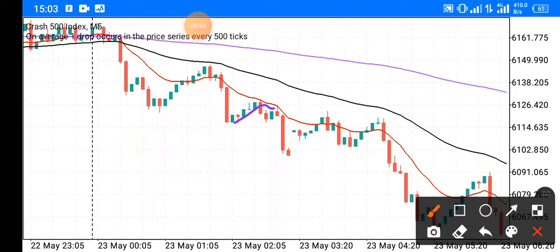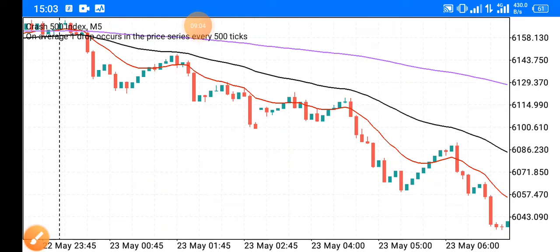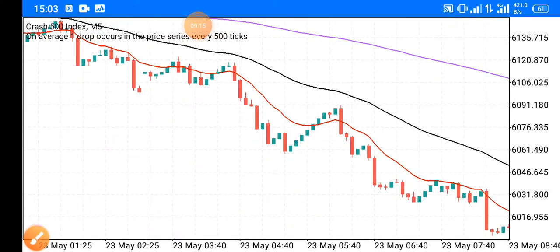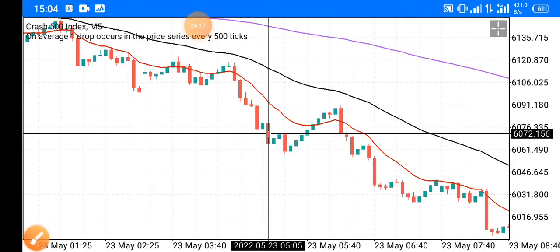When they touched, this trade was straight into profit. Then we moved down. For this next retracement, we had one candle to the opposite side, and then we went straight into profit.